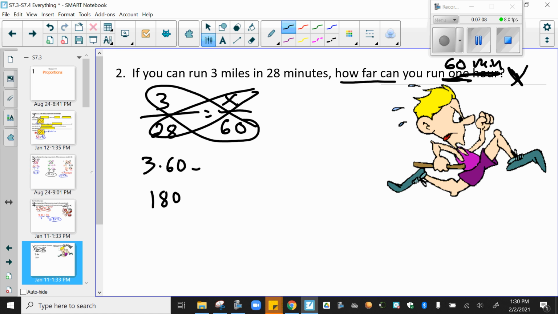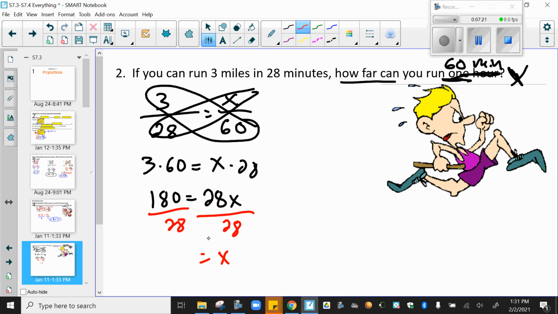X times 28 equals 28x. And then to solve, I'm going to divide both sides by 28 to get x equals 180 divided by 28 equals, ooh, it's a long one, so it's 6.42857143.